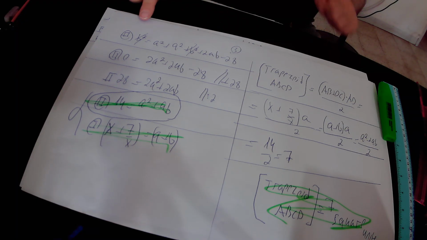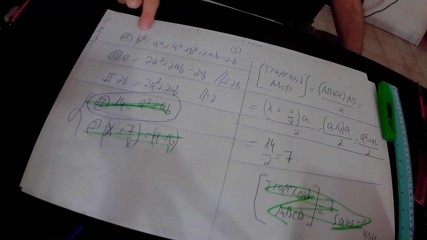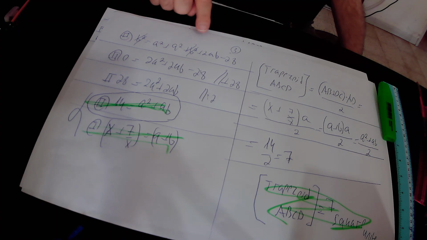So here we have b squared on both sides of the equation, so b squared will get cancelled. After we cancel b squared, on this side of the equation we have nothing, that is to say 0. So 0 equals a squared plus a squared, which is 2a squared, plus 2ab minus 28.